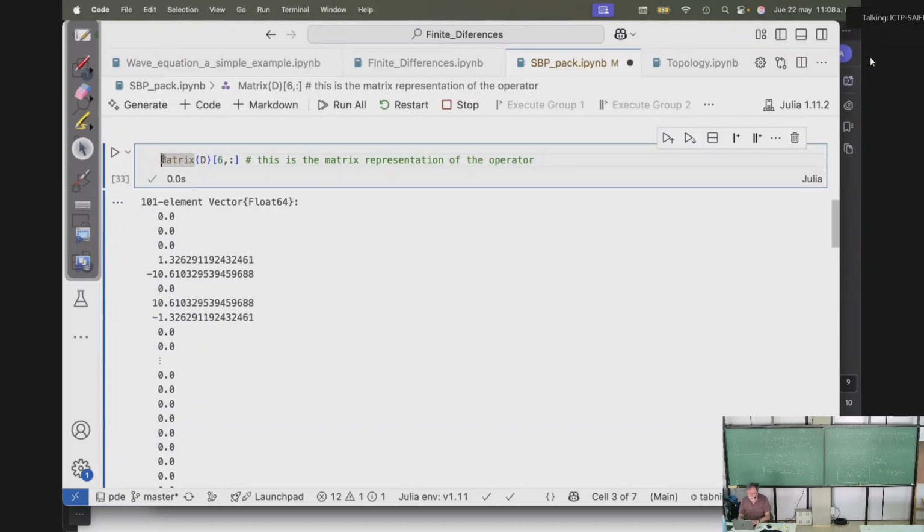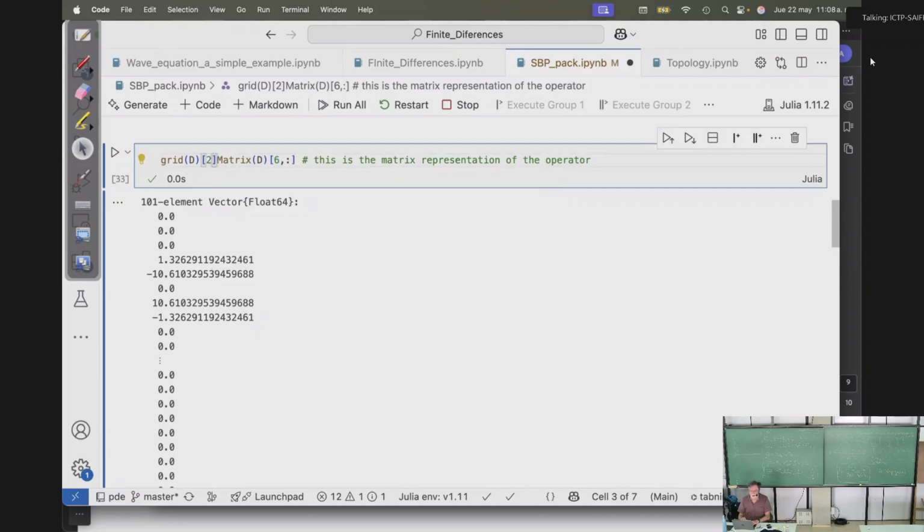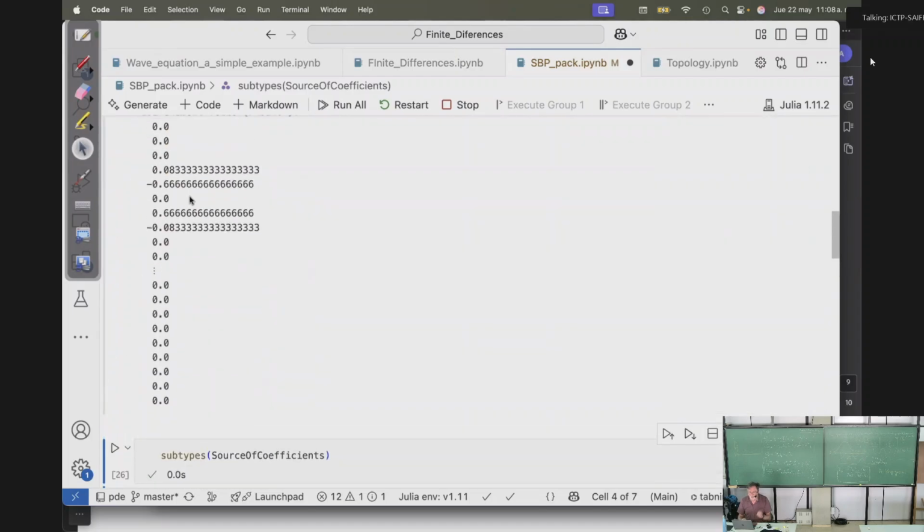Because this is divided by dx, so I will put grid of d, and I will take the distance, the first point, second point. So the grid starts at 0, so the second point is just dx. And here you get the coefficients, right?